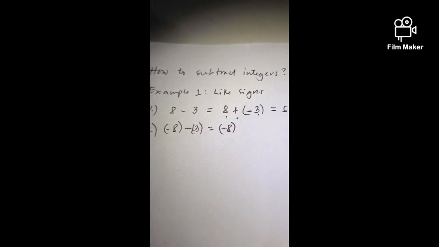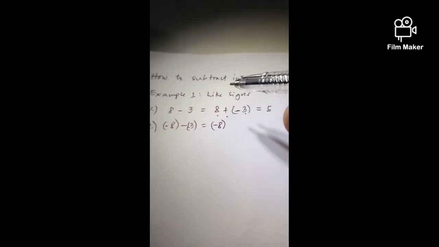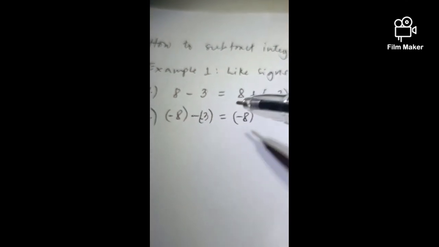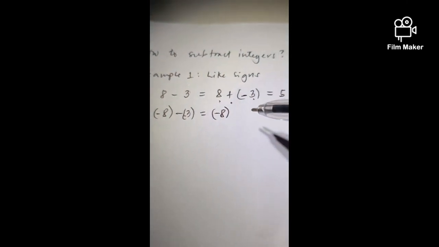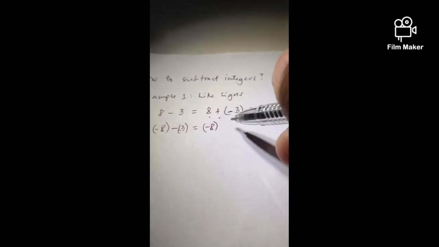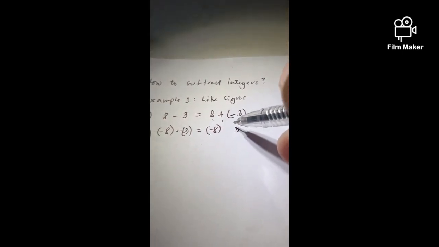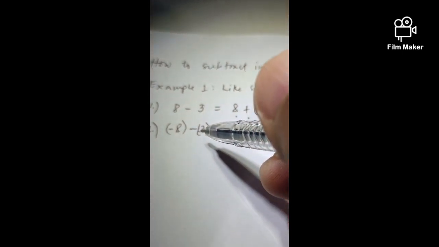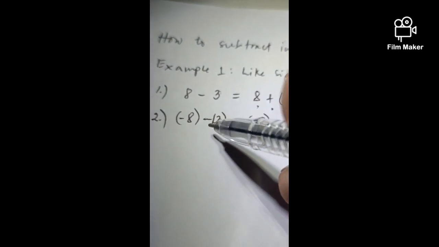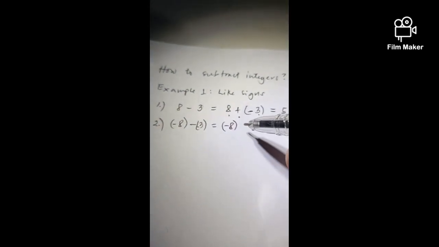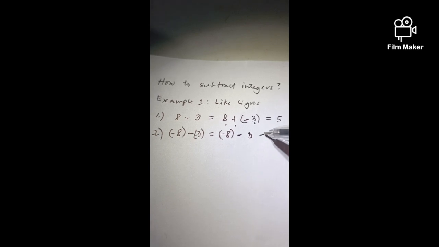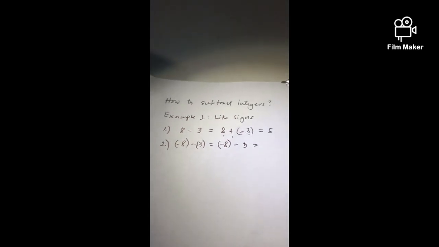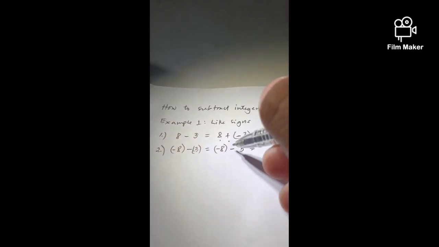And then, we change the sign of the subtrahend. So dito siya ay negative. Dito siya ay magiging positive 3. And then, the operation from subtraction will be changed to addition. Then equals.